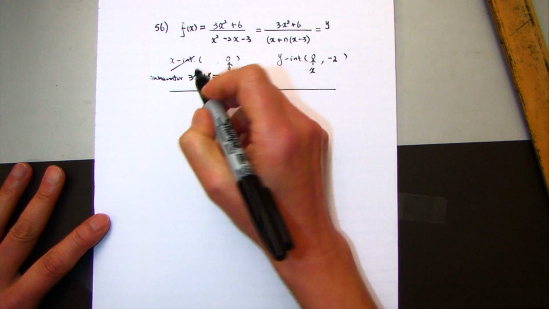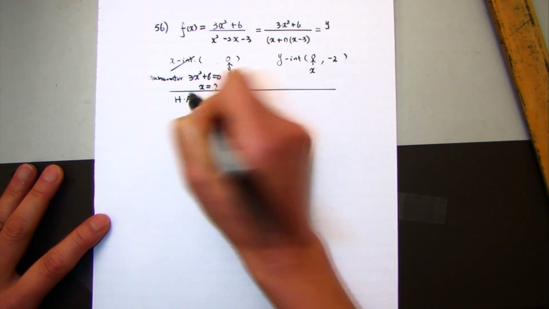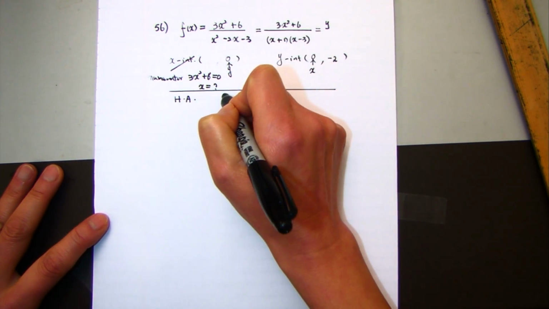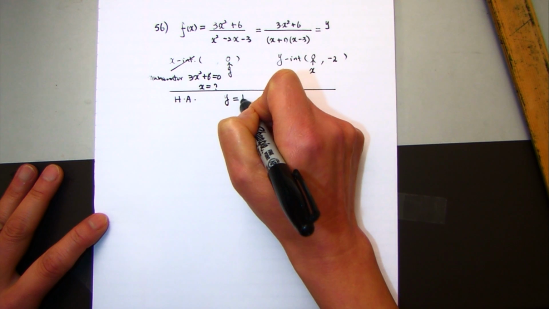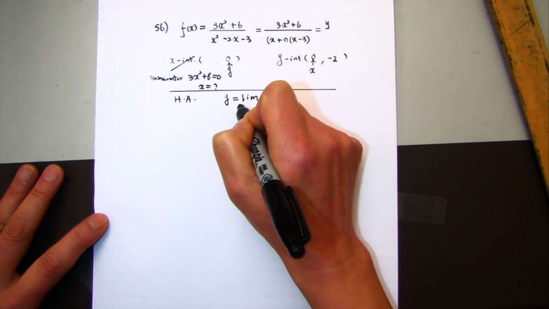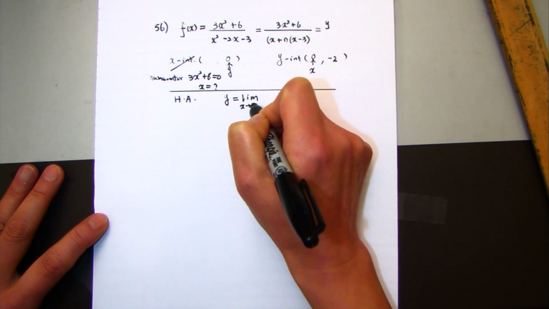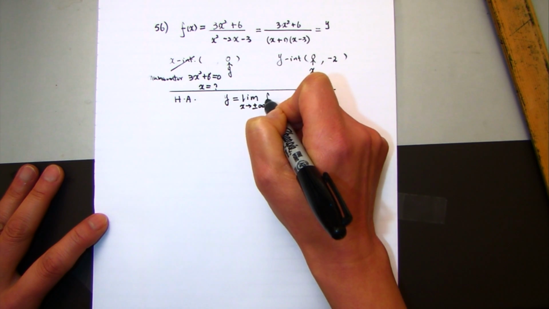Next, we will do the horizontal asymptote. How is that done again? We are looking for y equals a value when x goes to either far left or far right.